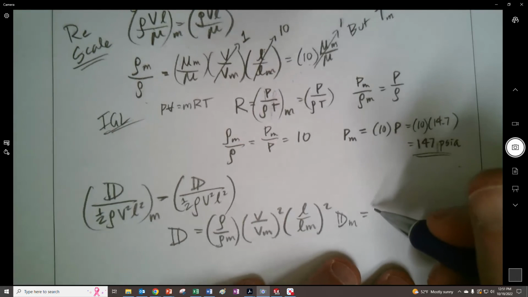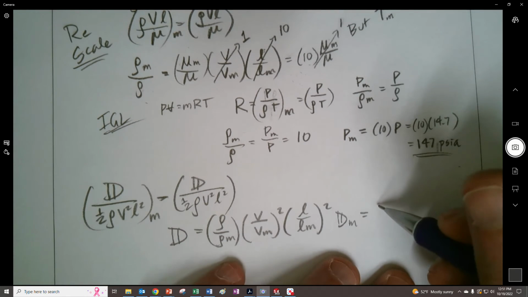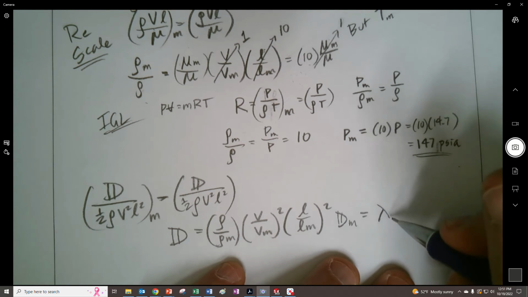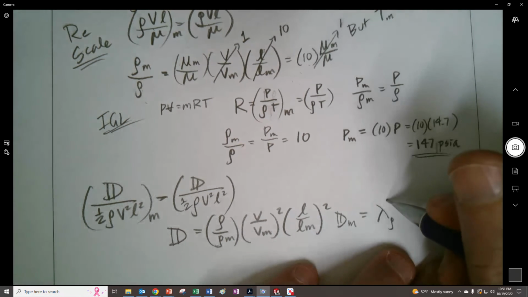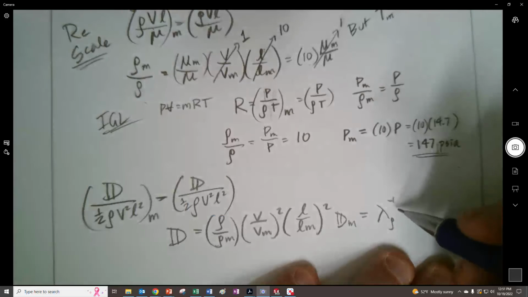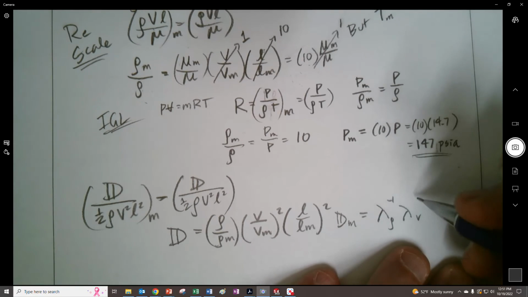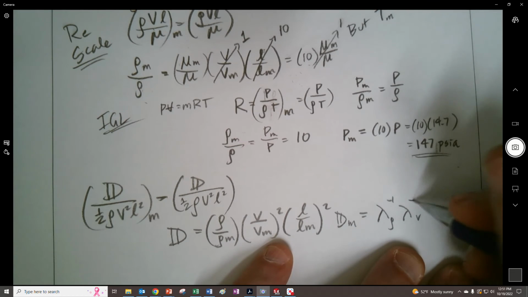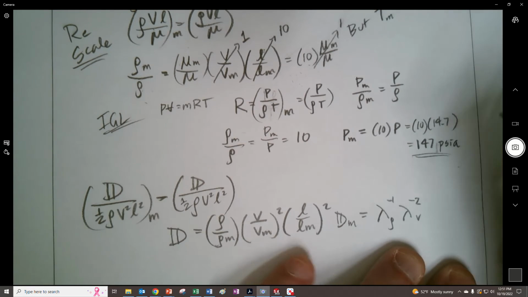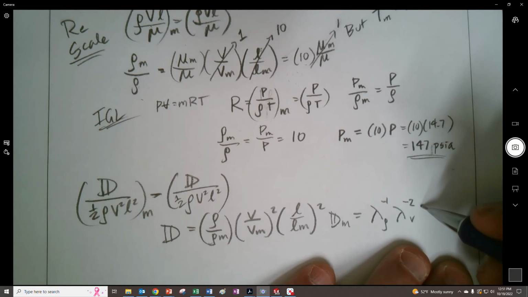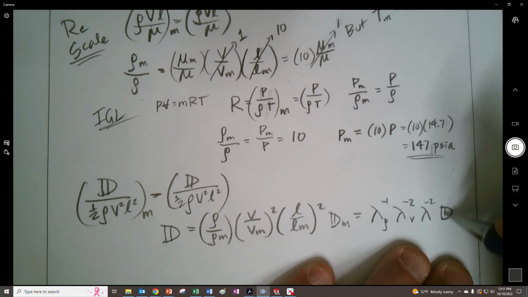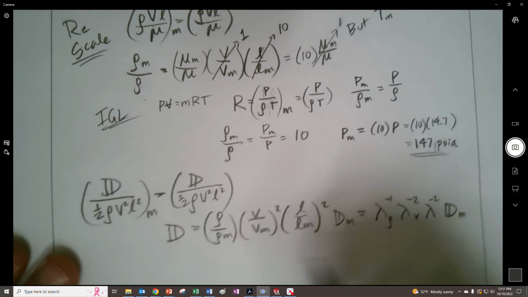And note that another way to have written this is lambda density, and that's upside down, right? And then lambda velocity, that's also upside down, but it's to the square, so it's the -2. And then this is lambda -2 as well times the drag of the model.